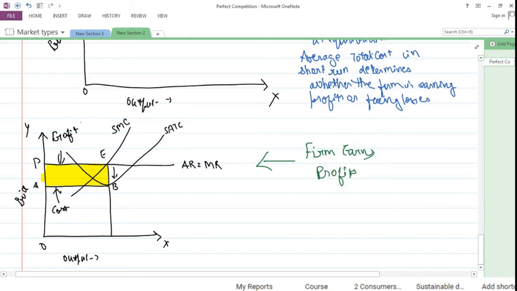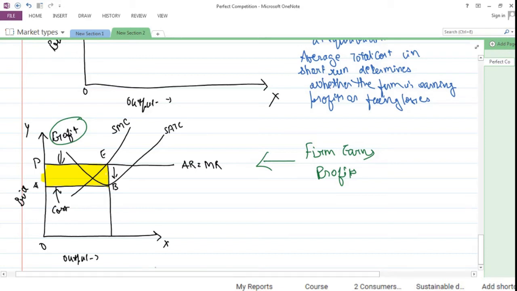So as a result, because it is earning profit, the firm will continue to produce till it does not start to make losses. A firm will stay in business until it starts to incur losses.